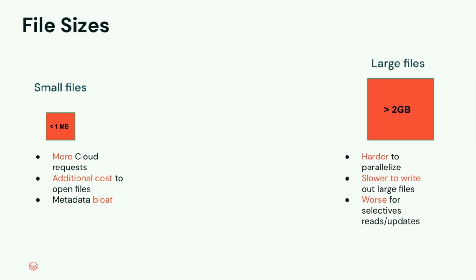On the other end of the spectrum, you could have large files, greater than 2 gigabytes each. Here, it becomes really hard to parallelize the queries to run across multiple CPUs. At the time of writing, you also incur the additional cost of writing it serially, so it's going to be slower. And compared to the smaller file sizes, it's going to be worse for selective queries as well.